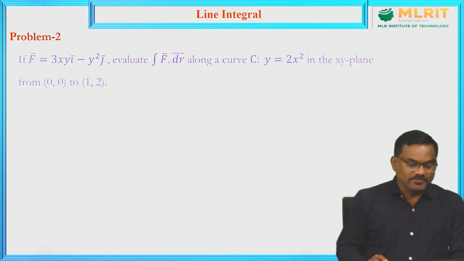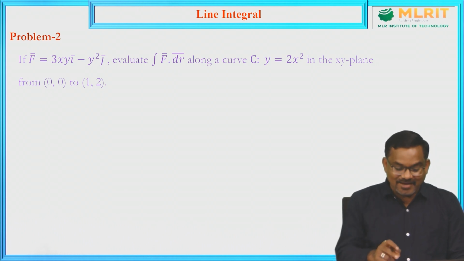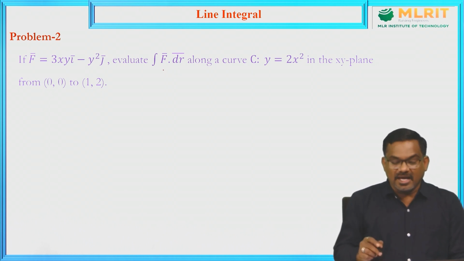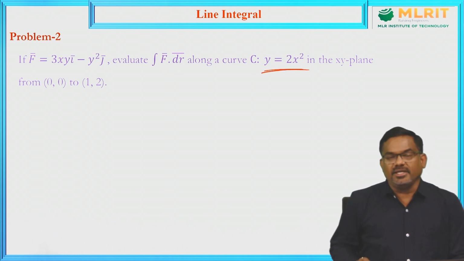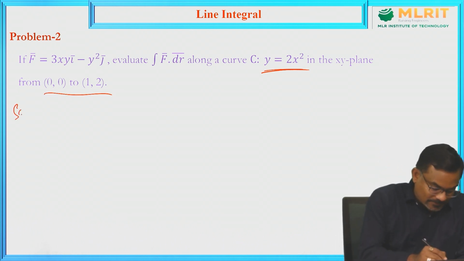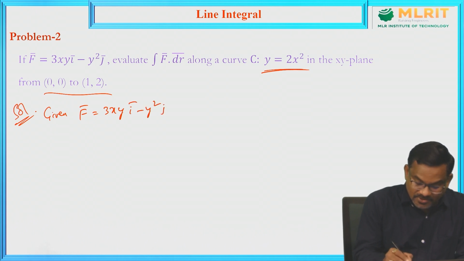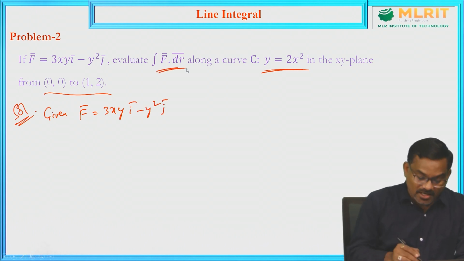Problem number 2. If F bar is 3xy i bar minus y square j bar, evaluate the integral of F bar dot dr bar along the curve C, y equal to 2x square in the xy plane, from (0, 0) to (1, 2). Given F bar is 3xy i bar minus y square j bar. Now, we need to calculate F bar dot dr bar first.